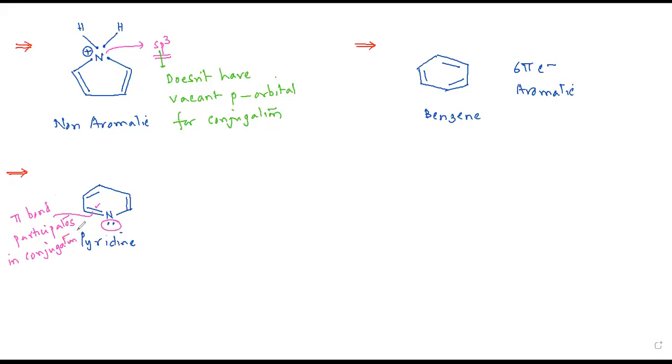So because the pi bond participates in conjugation but not the lone pair, the total number of electrons here is taken only as 6 pi. So it is aromatic. The nitrogen here is of sp2 type with 3 sigma bonds.